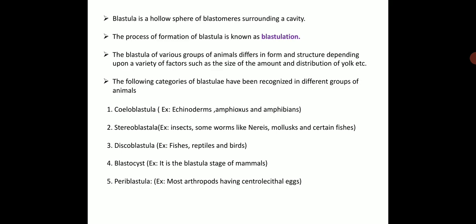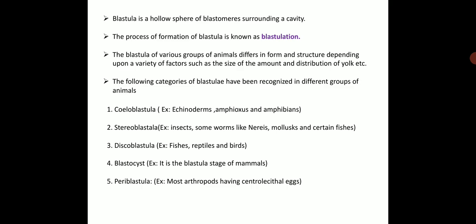This blastula will be different in different animals, depending on the size, along with the amount and the distribution of the yolk. On that basis, many different types of blastula can be recognized in different animals, like coeloblastula, which you can see in the echinoderms, amphioxus and amphibians.